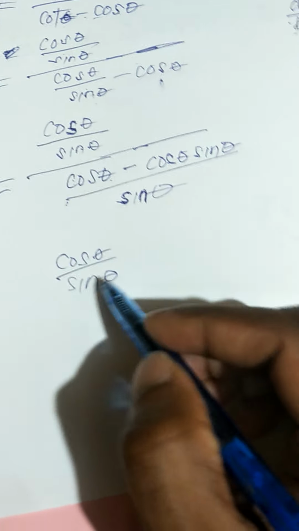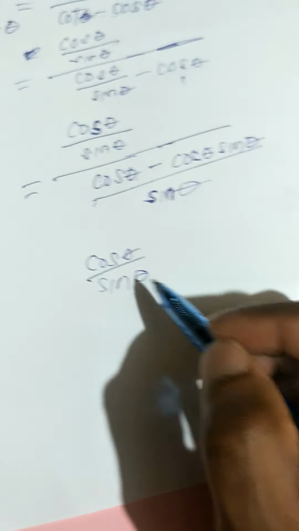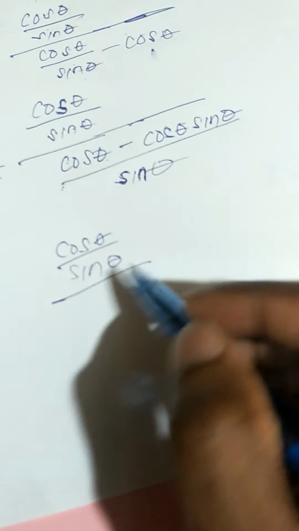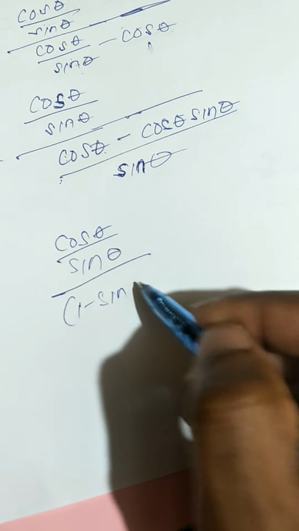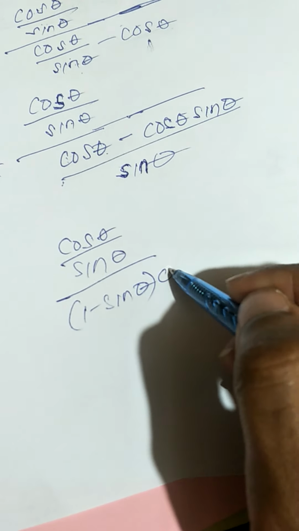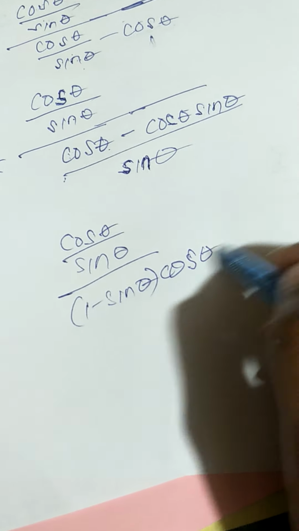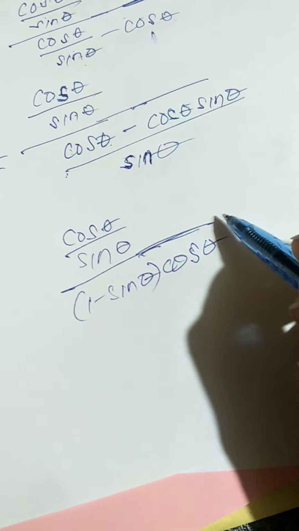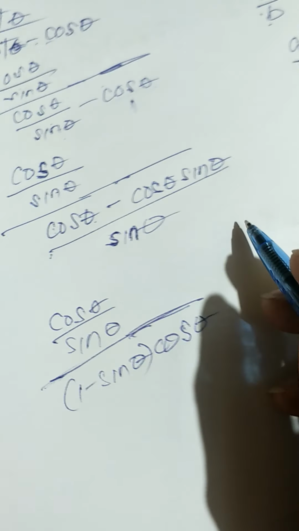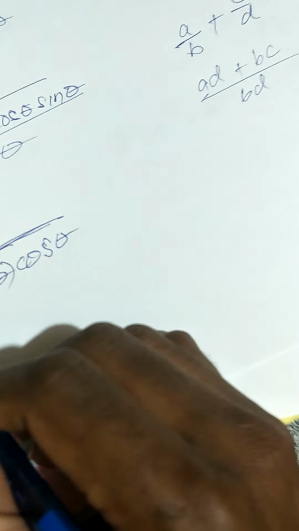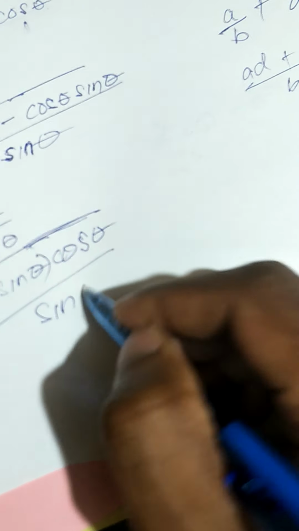If I compute cosine theta all over sine theta all over open brackets 1 minus sine theta close bracket cosine theta, this is division or fraction side, all over sine theta.